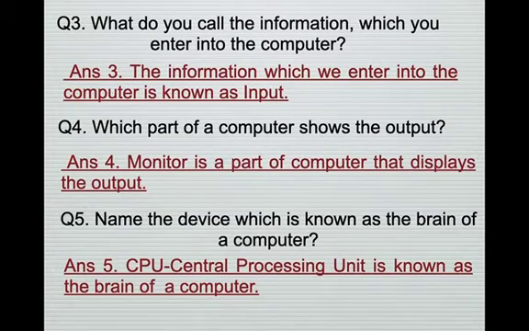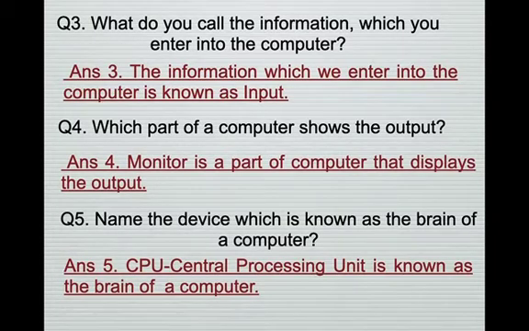Now we will connect the two chapters. To do input, you need some input devices. To do process, you need a processing device. And to do output, you need output devices. So first we have learned in chapter 1 IPO, and in second chapter we have learned IPO devices, right?